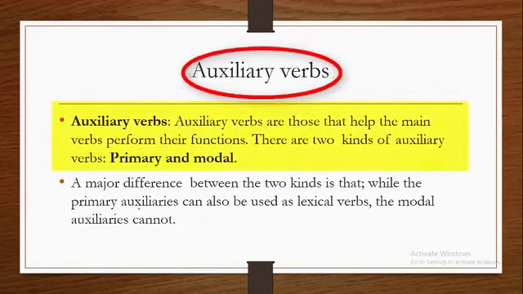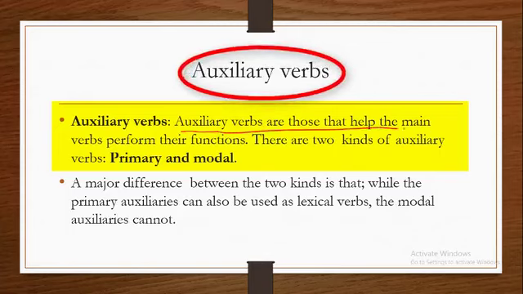Now, what are auxiliary verbs? Auxiliary verbs are those verbs that help the main verb perform their functions. And there are two kinds of auxiliary verbs. We have the primary auxiliary verb and the modal auxiliary verb.